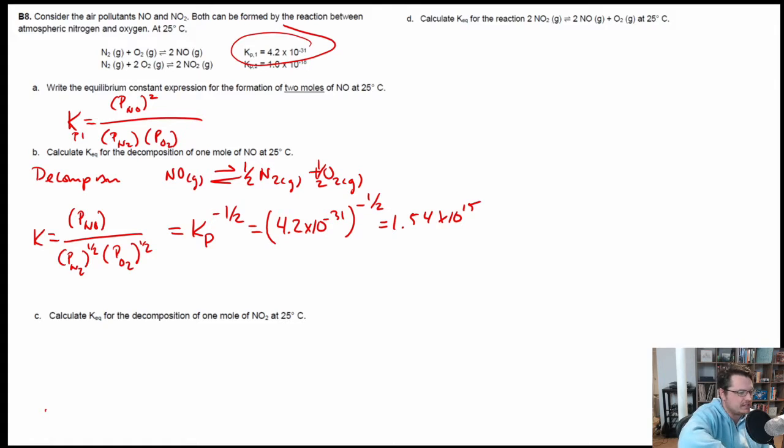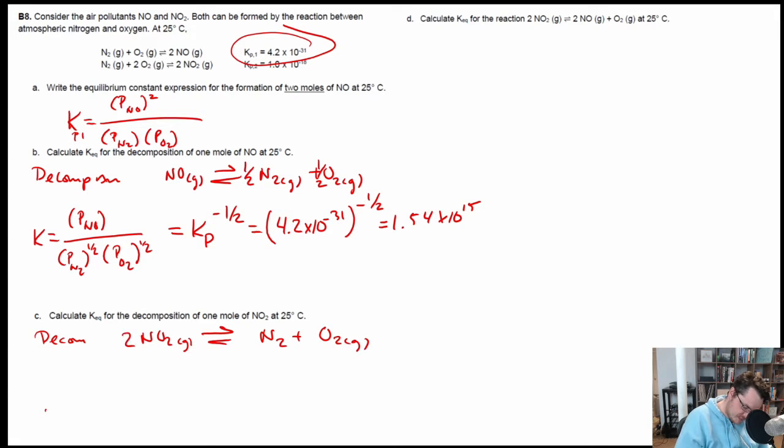We can use that same logic for part C. Now we're talking about the decomposition of 1 mole of NO2 at 25 degrees Celsius. It's the exact same approach. The decomposition reaction is 2 moles of NO2 gas forming N2 plus O2 gas.